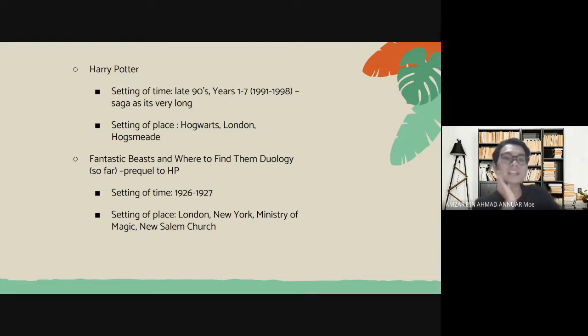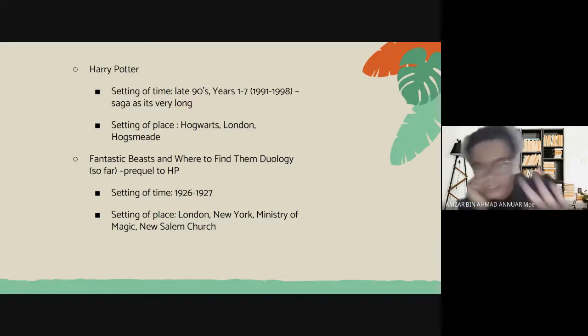Okay, next we go to the prequel of Harry Potter, cerita yang berlaku dalam satu dunia yang sama dengan Harry Potter, Fantastic Beasts and Where to Find Them. This is a duology because as of now there are only 2 movies of it. Ada 2 movie saja dia. Kalau buku ada 1 buku saja, tapi dia duology sebab kita ada 2 movie saja.